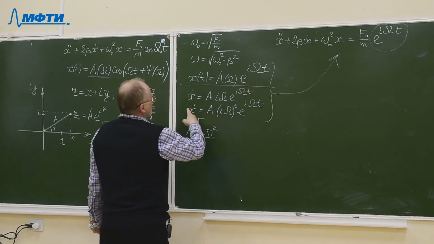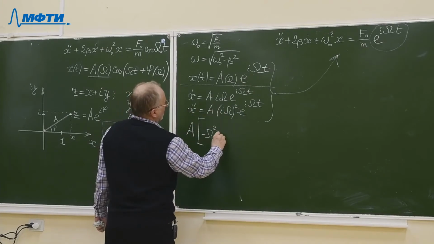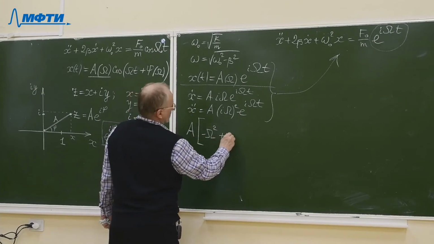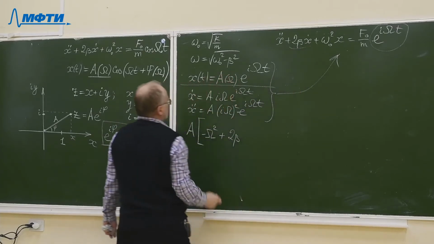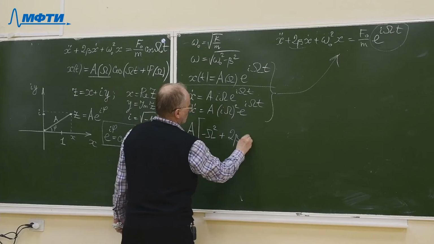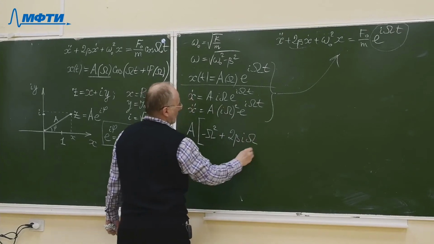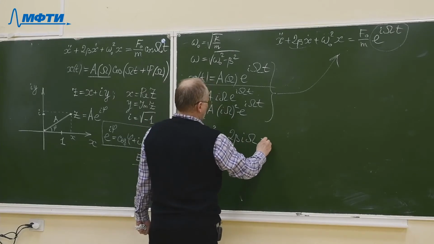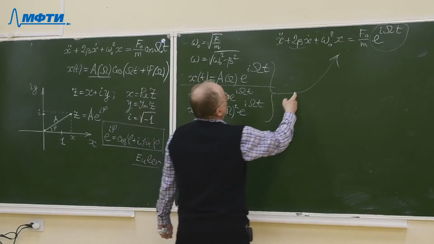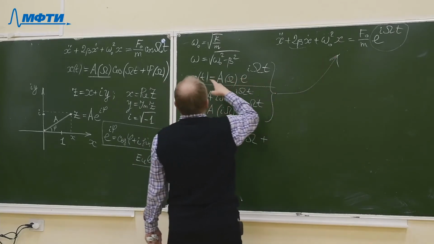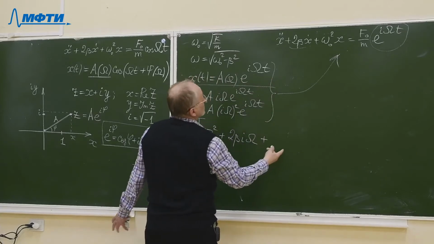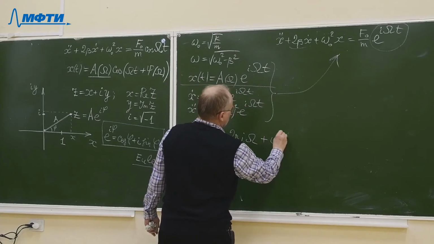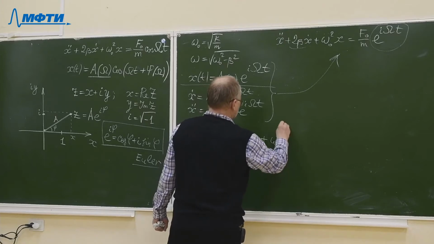Of the first derivative, I will have plus 2 beta, the coefficient here, x dot, and x dot is proportional to i capital omega, and plus, when I substitute this expression for x, I will obtain just omega 0 squared.